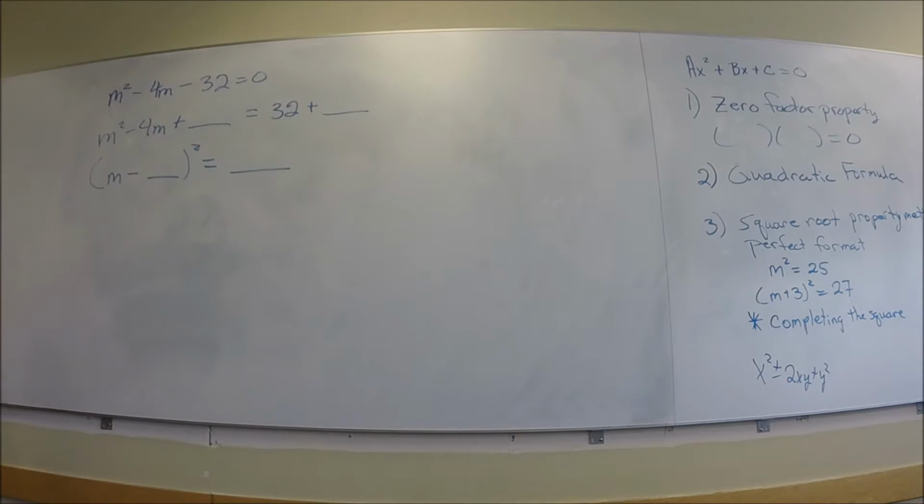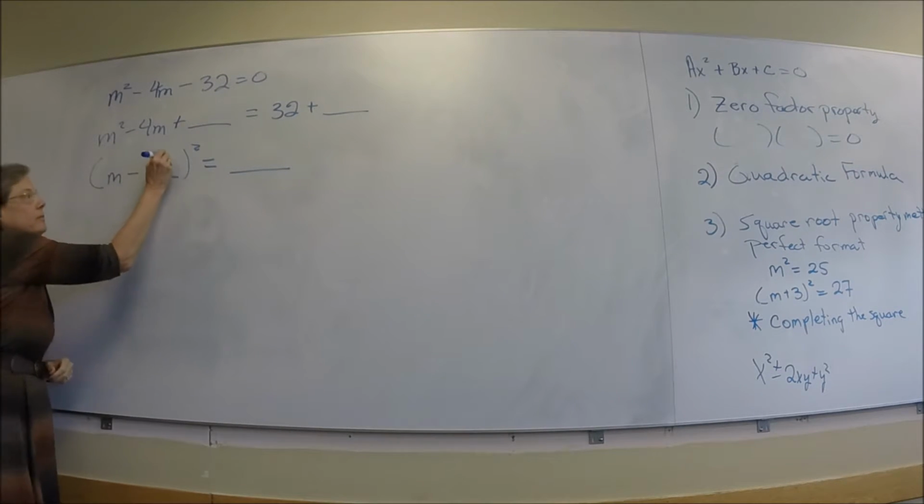All right. Which blank do I fill in first? This one. Okay? What goes here? So since we have to divide 4 by 2 is 2. 2. Okay? 4 divided by 2 is 2.